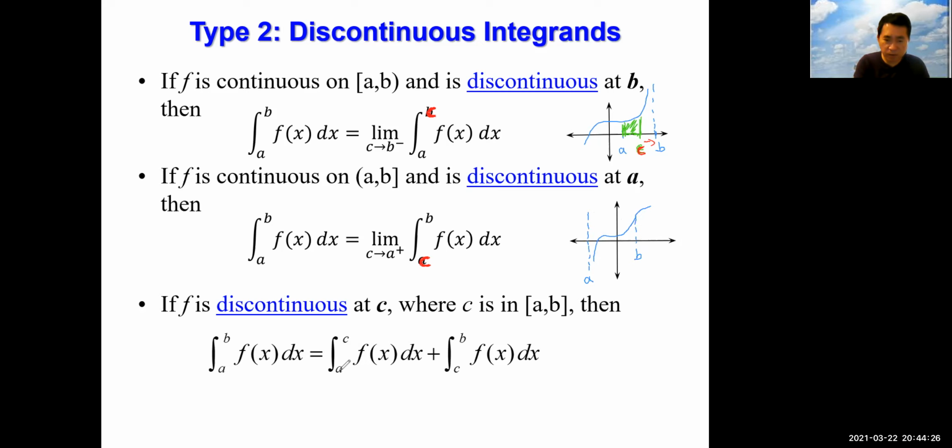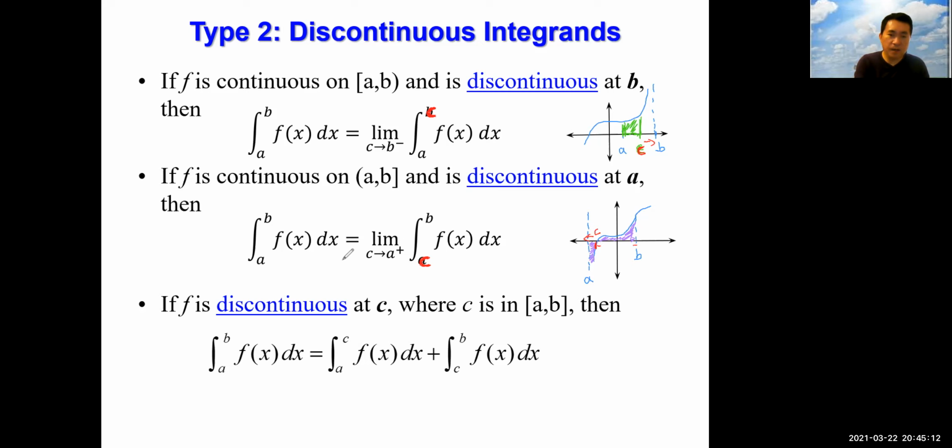Again, we're looking at the area over here. The problem is that it opens up there, so that's what I can't do. So what we're going to do is replace this a with a constant c. This is the arbitrary c here. Looking at it from c to b, let c approach a from the right of a.